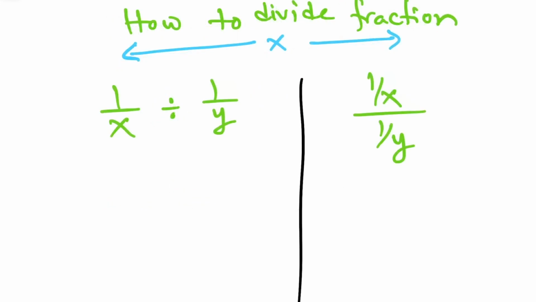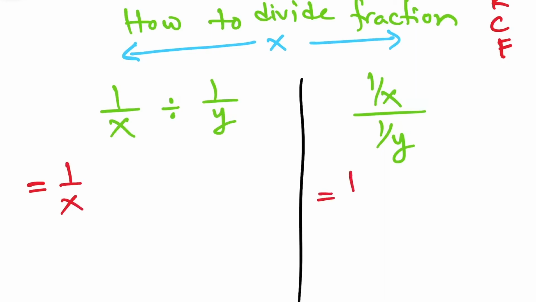Can you divide this fraction 1 over x divided by 1 over y? I will give you 10 seconds to think about the problem. We're going to use the KCF method.